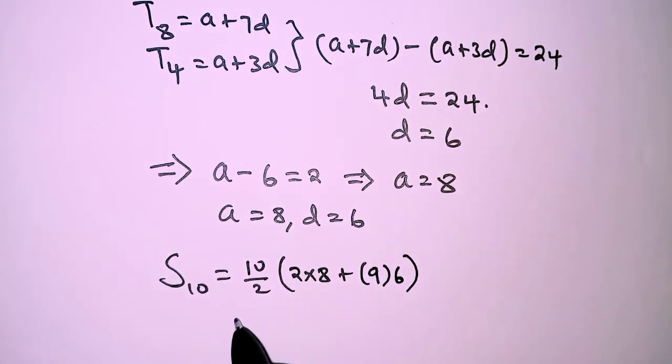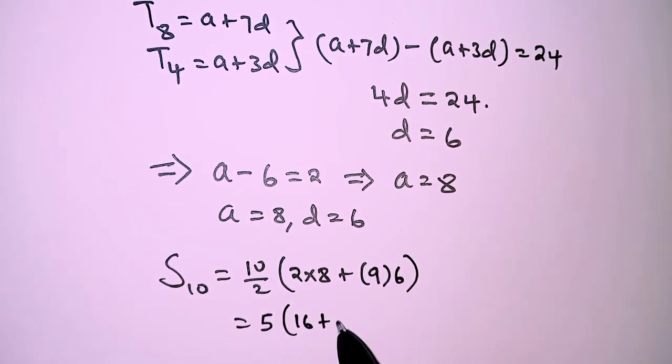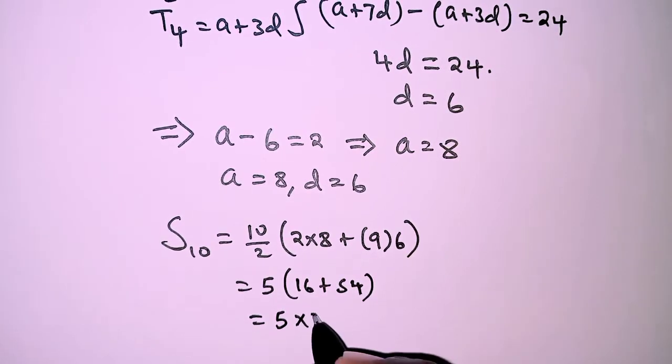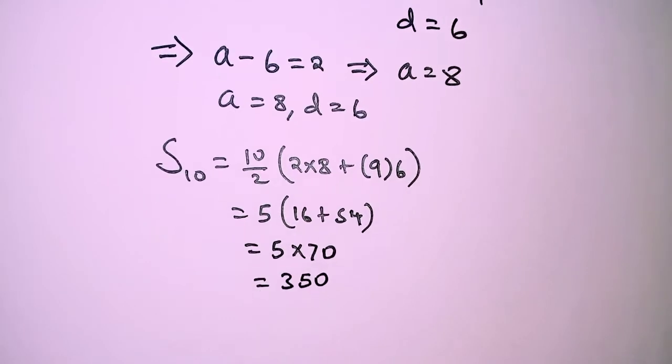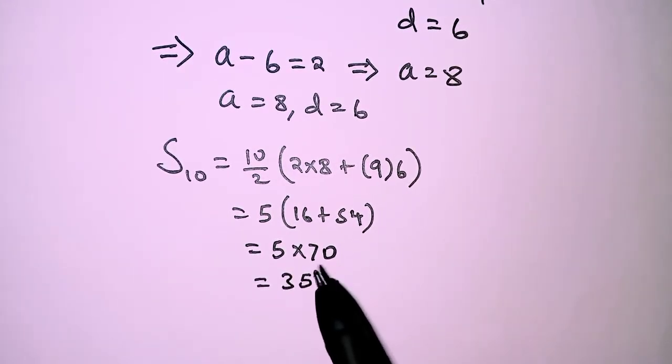So what we are going to have here is 5 times (16 + 54). So this further should be 5 times 70, which is equal to 350. And that is the sum of the first 10 terms.